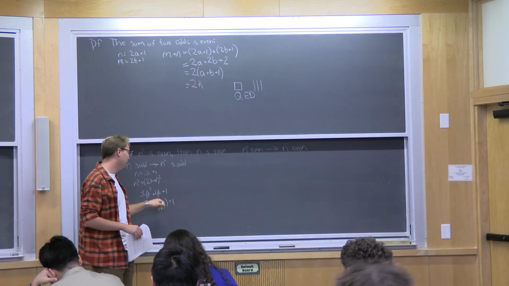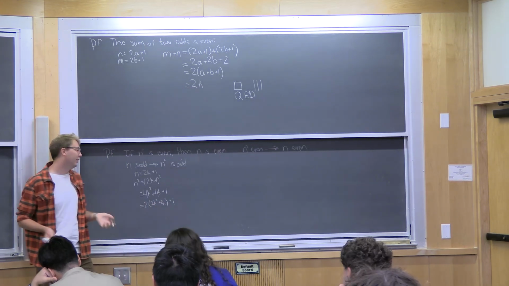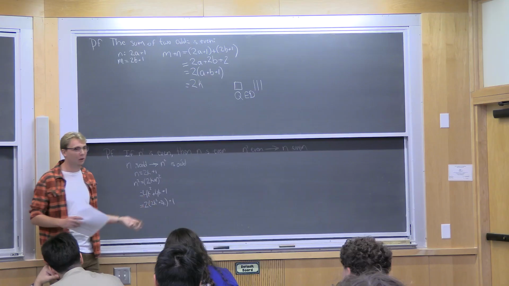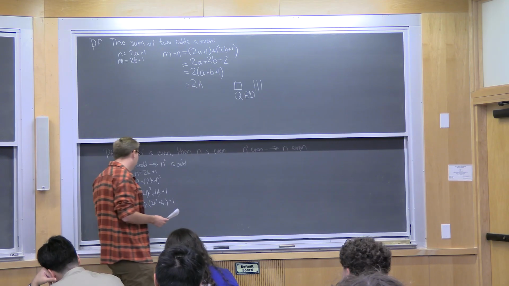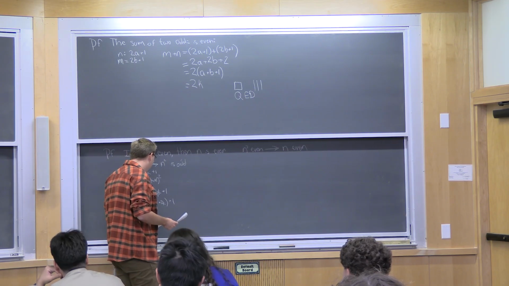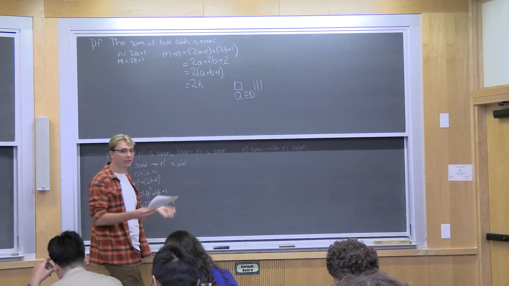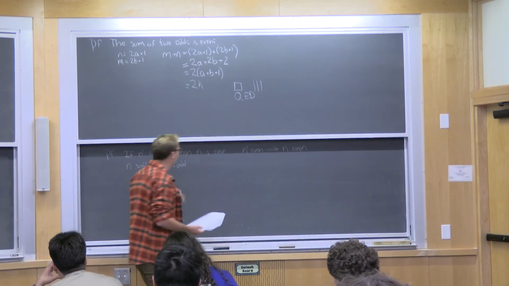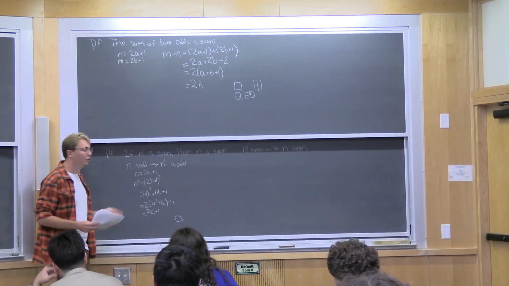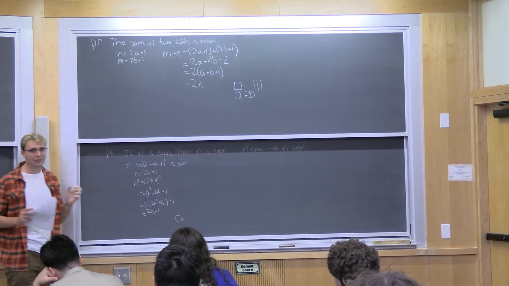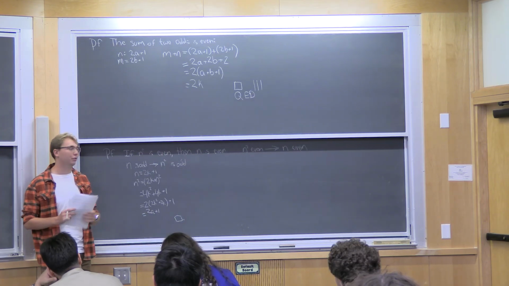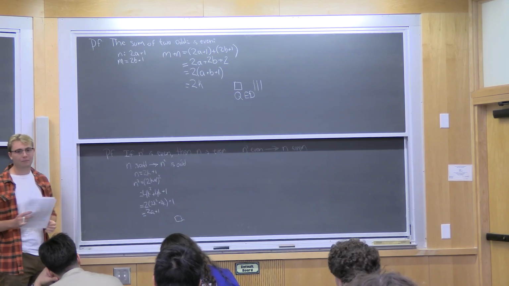Because 2k squared plus 2k is also an integer, it's simply of the form 2a plus 1, which is our definition of odd, and we have our proof. Because the contrapositive and the initial statement are always logically equivalent, proving this statement is the same as proving that if n squared is even, n is even.